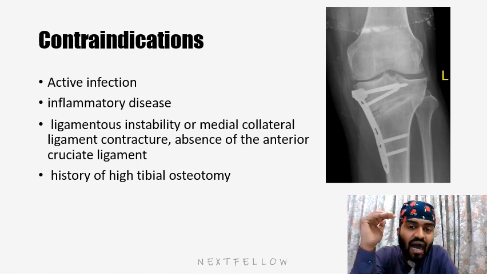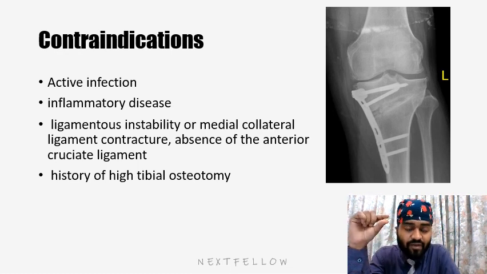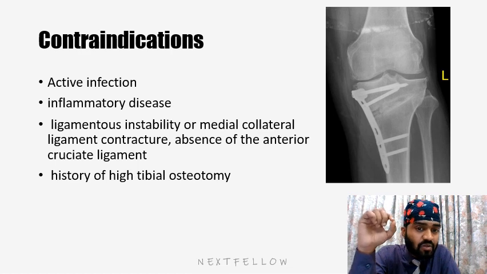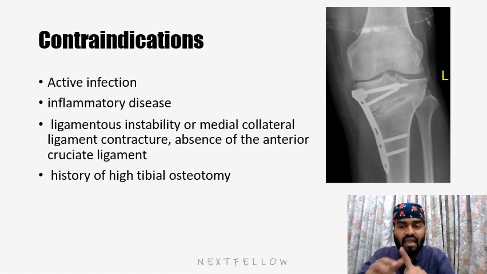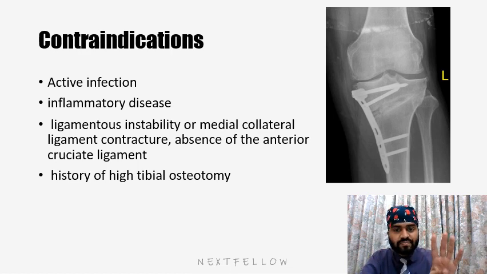We make a high tibial osteotomy cut. We take out a bone wedge and fix it with a Puddu plate. And this is how we do a high tibial osteotomy. So the four contraindications again: any active infection, inflammatory disease, ligamentous instability, or high tibial osteotomy.